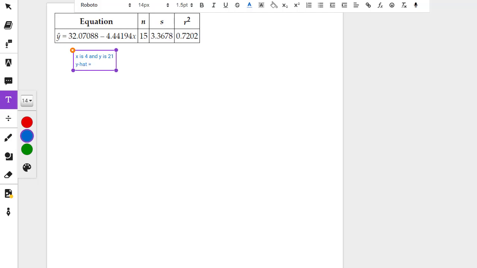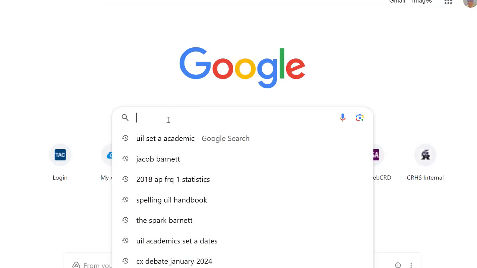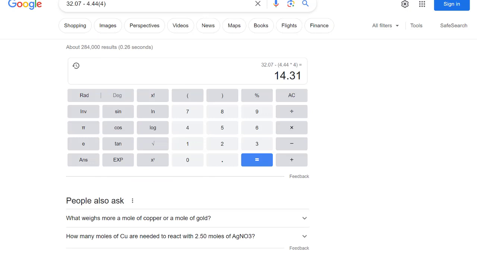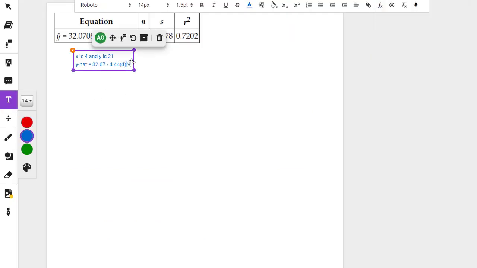So what we're going to do is calculate 32.07 minus 4.44 times the X value, which is 4. So I'll need Google to help me with this a little bit, since I guess I could pull up a calculator. I should be able to put this in Google. And I'm getting 14.31.